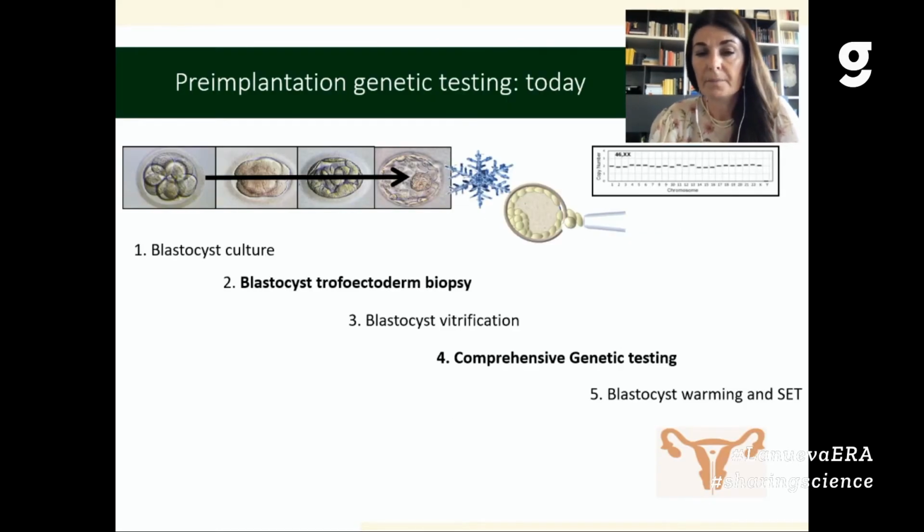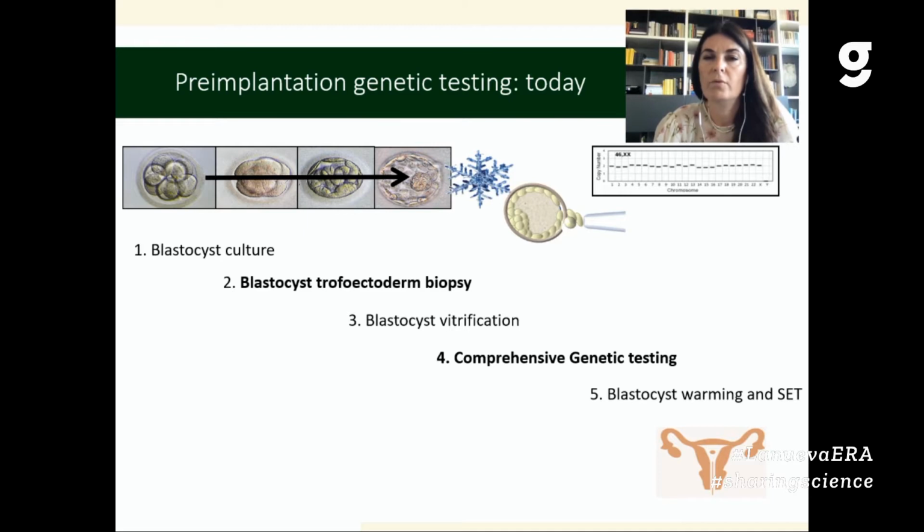And how to do it? Today we know we have a gold standard, we know which is the best procedure to do it. So blastocyst culture, trophectoderm biopsy, vitrification, and single blastocyst transfer. All these steps are really very important to optimize the results.